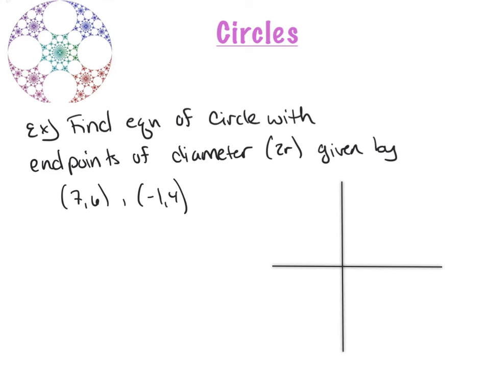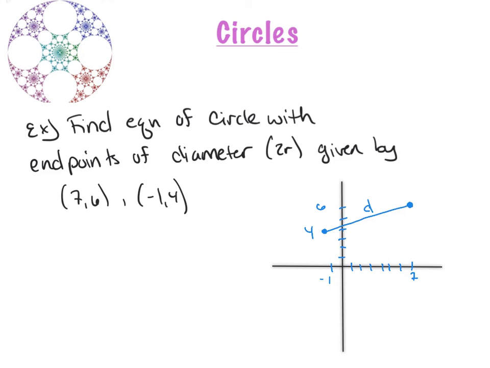Okay, so if I'm going to plot x is 7, and y is 6, it's about here, and x is negative 1, and y is 4, is about here. And what we have is, apparently, these are the endpoints of a diameter. So I'm going to draw a circle that has that as the diameter.